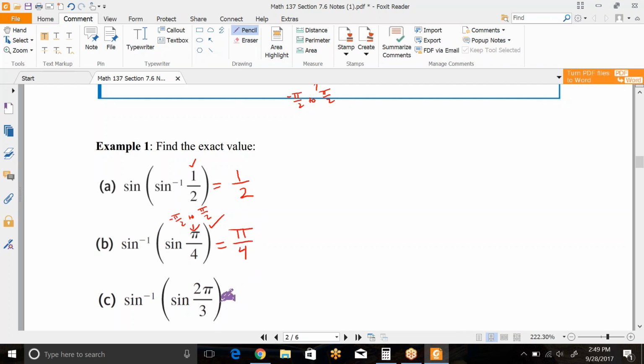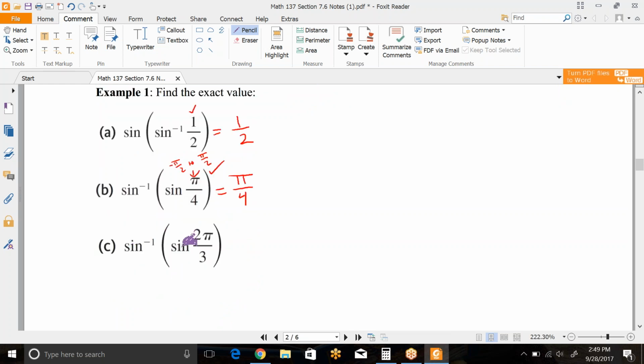So C is a little bit different. C has sine inverse of sine of 2π/3. This is not between -π/2 to π/2. So we have to actually do this a little differently. That doesn't mean we can't solve it. It's just not going to be the number is the answer.